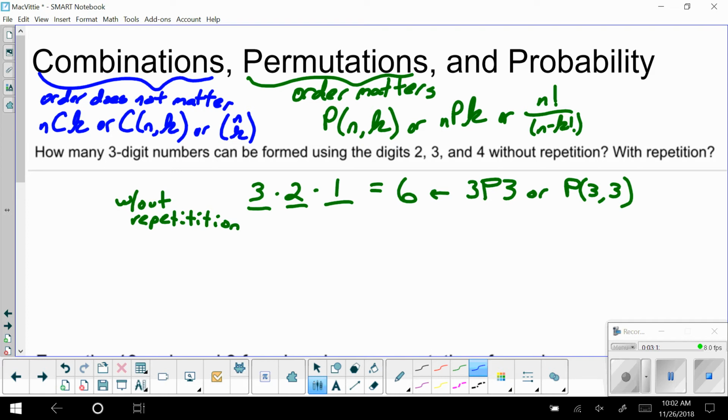Those are all ways of notating combinations, but all of them are found by doing n factorial over n minus k factorial times k factorial, which is also the same as doing the permutation of n, k, all divided by k factorial.